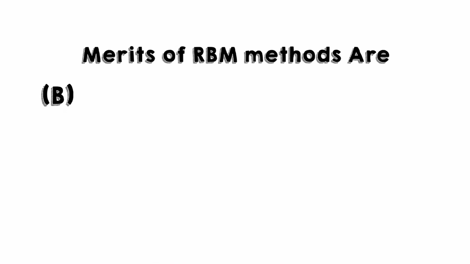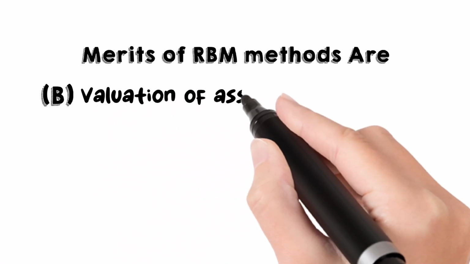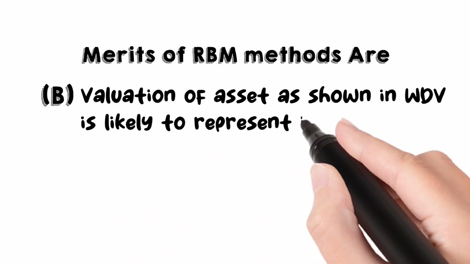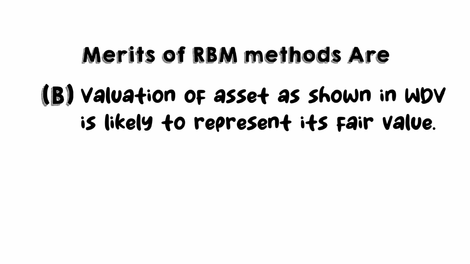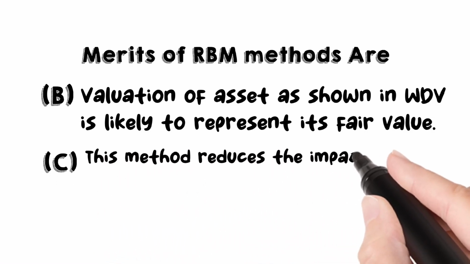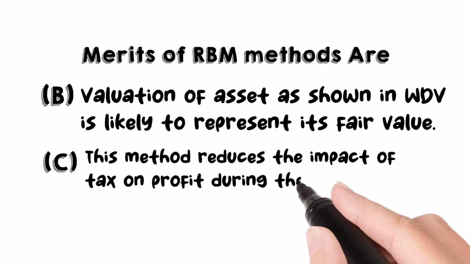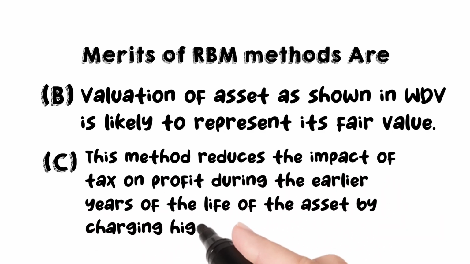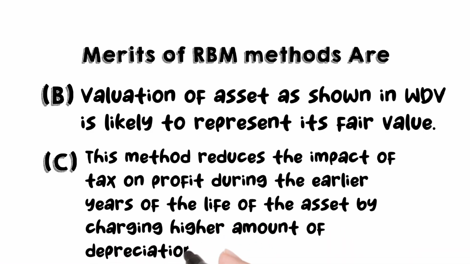B. Valuation of asset, as shown in WDV, is likely to represent its fair value. C. This method reduces the impact of tax on profit during the earlier years of the life of the asset by charging higher amount of depreciation.